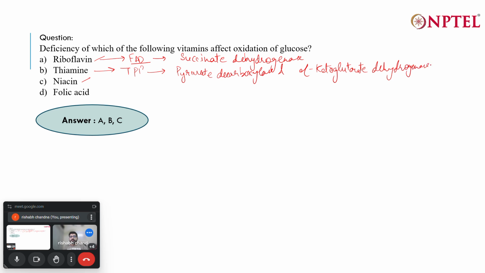Then niacin is NAD molecule, and that is involved with glyceraldehyde 3-phosphate dehydrogenase. Then this one, pyruvate decarboxylase also. Then we have isocitrate dehydrogenase, okay, and many more. Okay, so these three vitamins, if there is deficiency, then that would affect the oxidation of glucose.